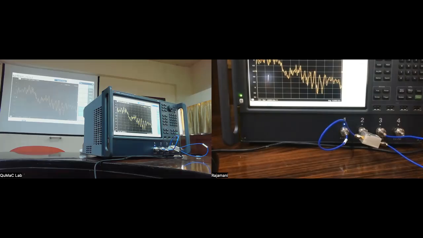So just to look at this immediate comparison, all I have done is I've removed the 50 ohm termination from the second output port and connected it to the vector network analyzer. As I explained yesterday, this is equivalent to terminating it with 50 ohms because the network analyzer always ensures that all ports are seeing a 50 ohm impedance. Otherwise, these measurements will not make any sense.